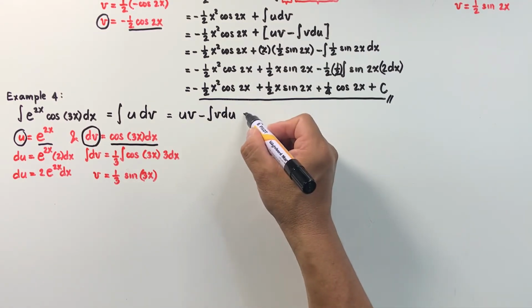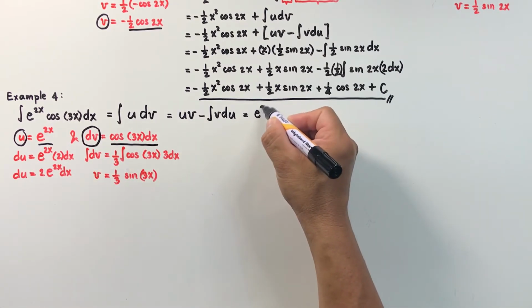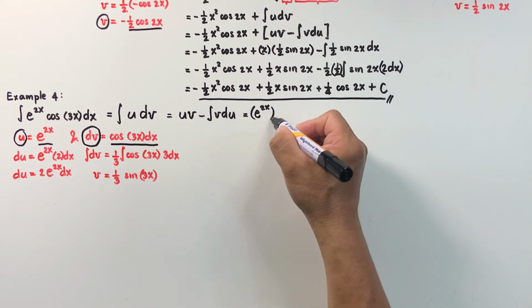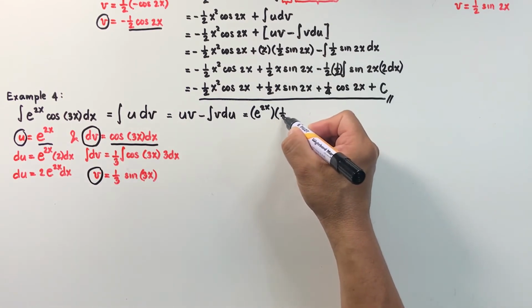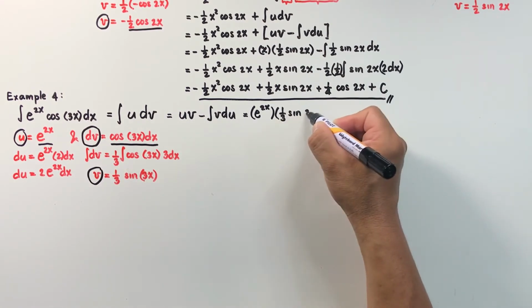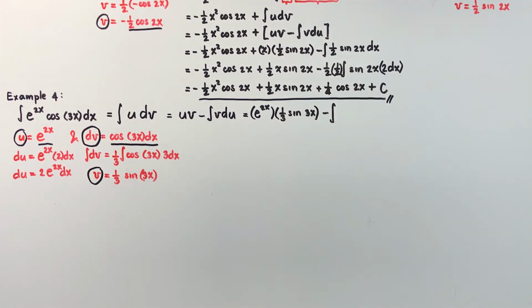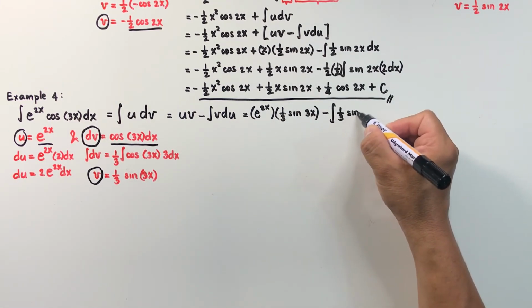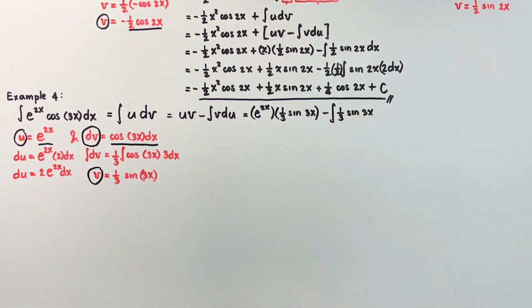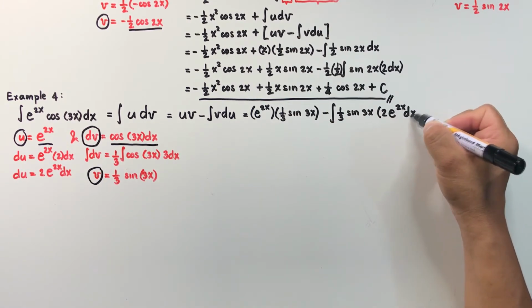So substituting back our expressions for u, which is e to the 2x times our v, which is 1/3 of sine 3x, minus the integral of our v, which is 1/3 of sine 3x, multiplied by du, which is 2 e to the power 2x dx.